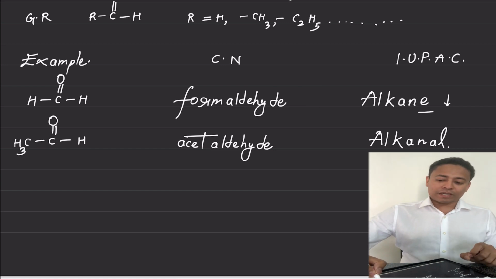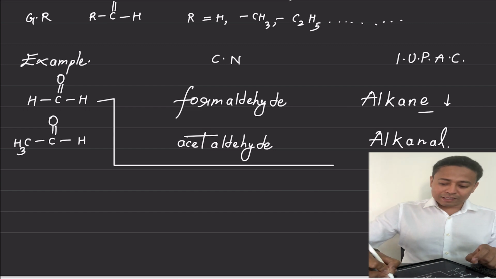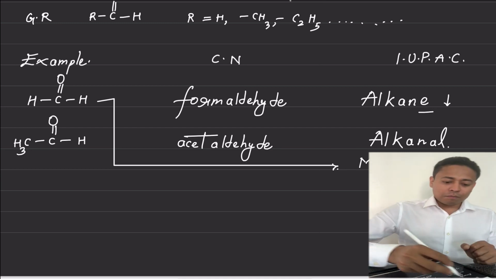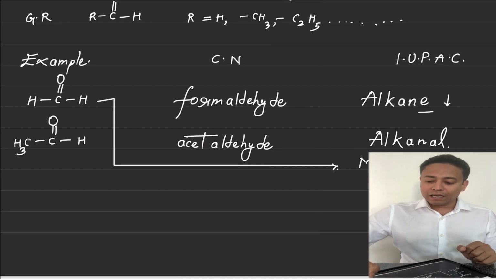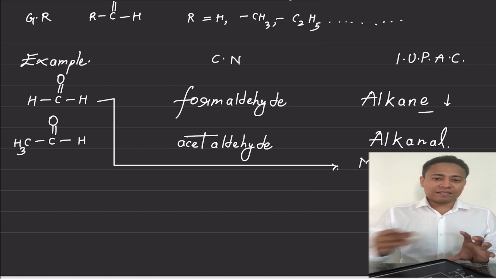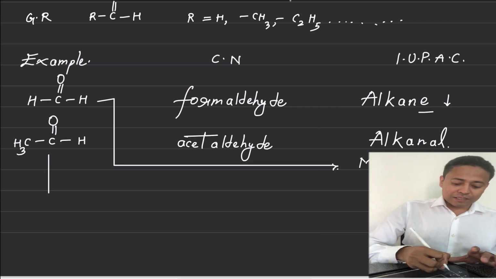The first compound here contains one carbon. So I can clearly write its IUPAC name will be methane. I will replace that E by Al, so it becomes methanal. As easy as that. Nothing else to do. This compound here contains two carbon atoms.